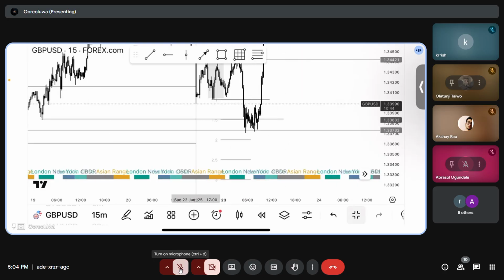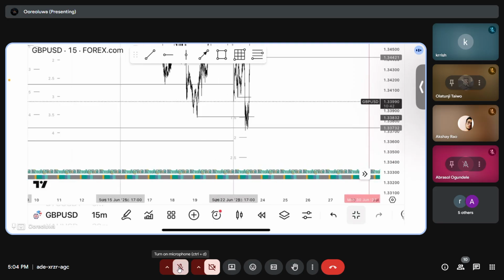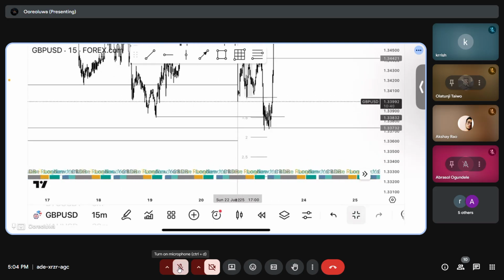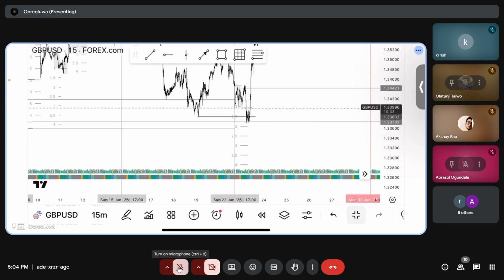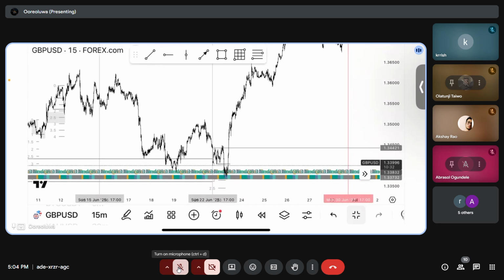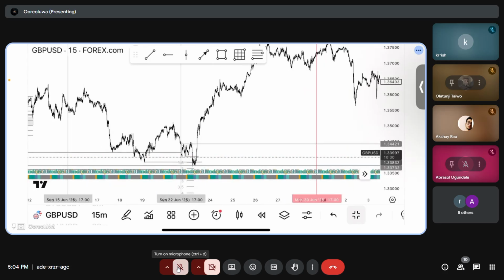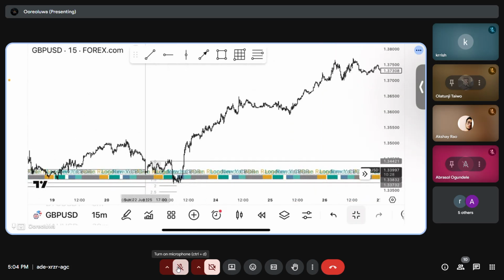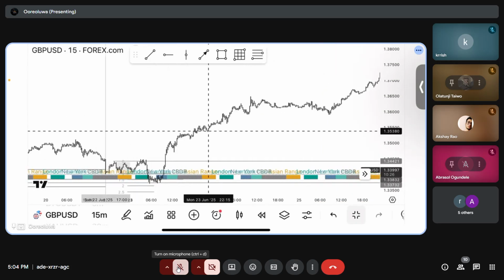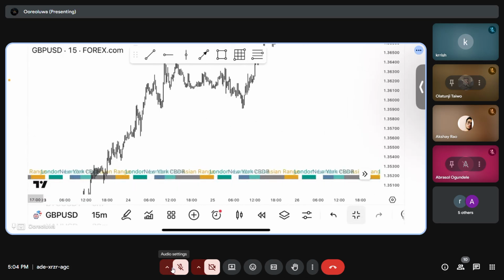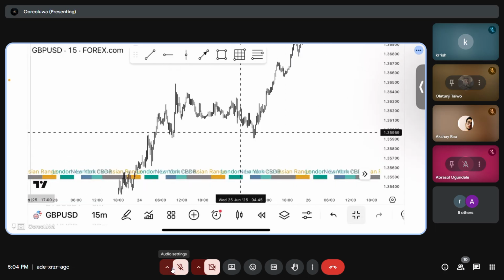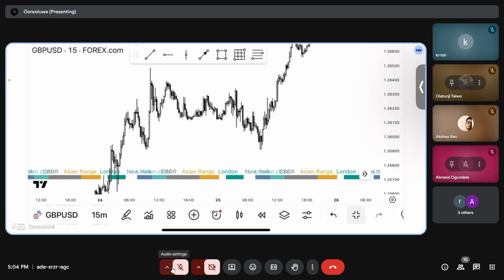At that 1.5, your stop loss level would have been 2, or the middle of 2, to be safe. From there you bounce. You can see how smooth it is. Tuesday, no trade opportunity. Only on Wednesday we had another trade opportunity, which was from here.